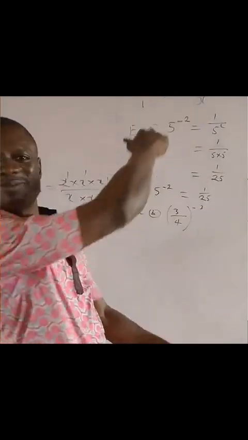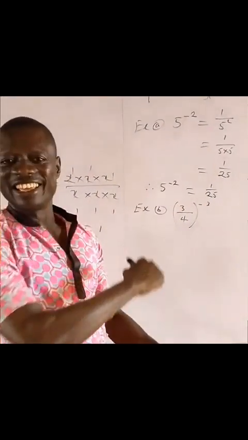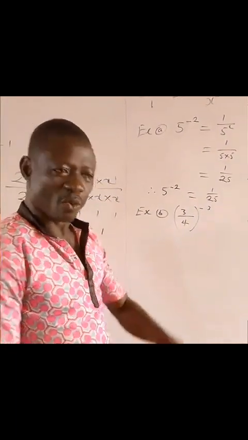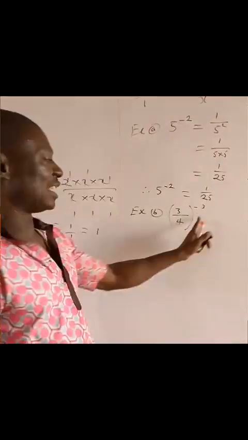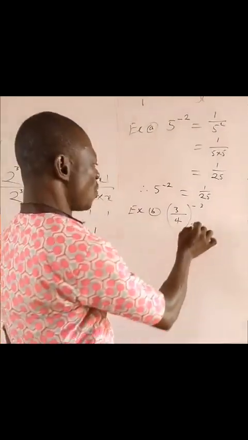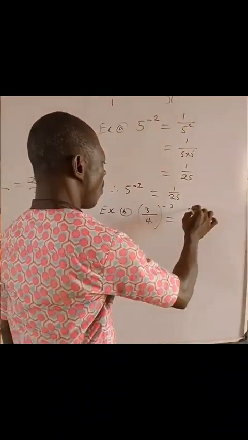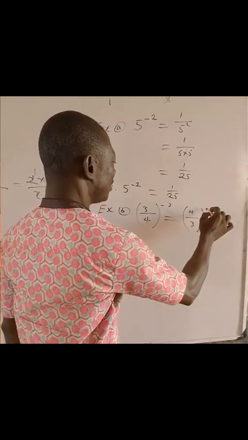Let us find the reciprocal of the fraction. Once you find the reciprocal of the fraction, the negative sign goes. And so we are going to take it to be 4 over 3 all raised to power 3.